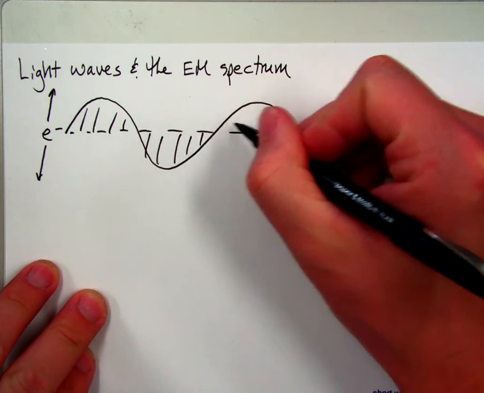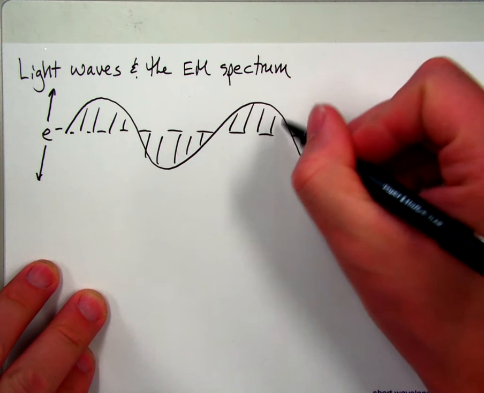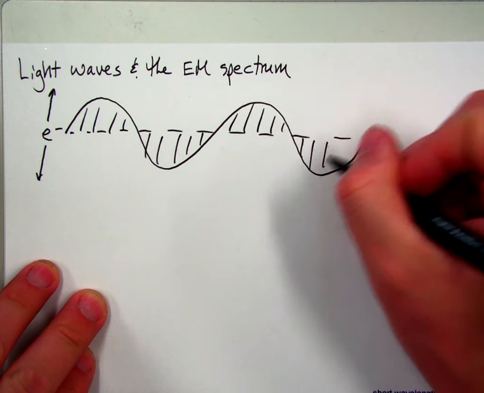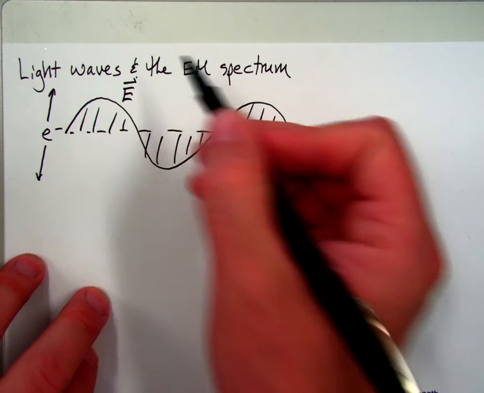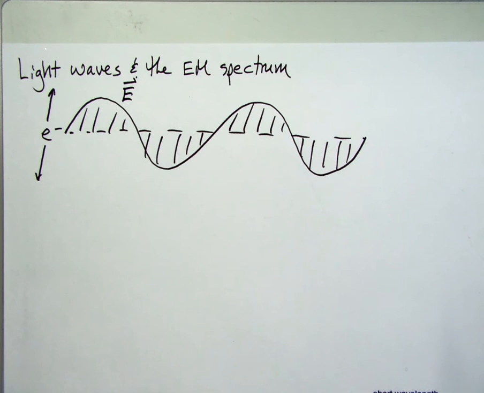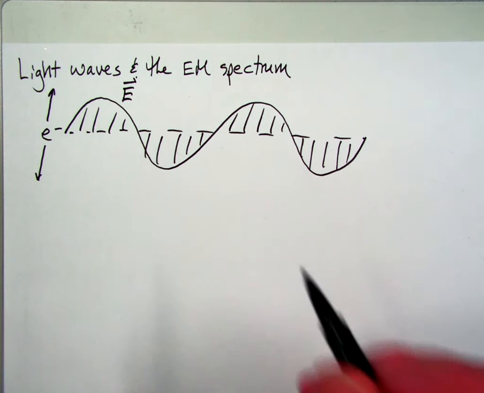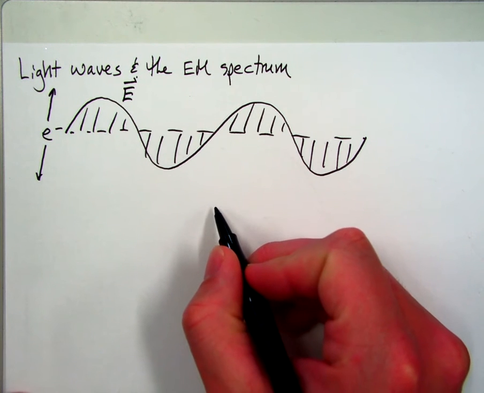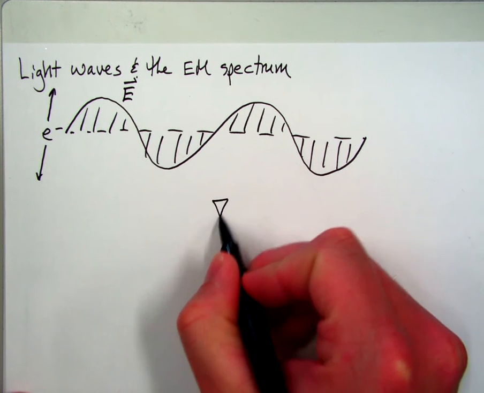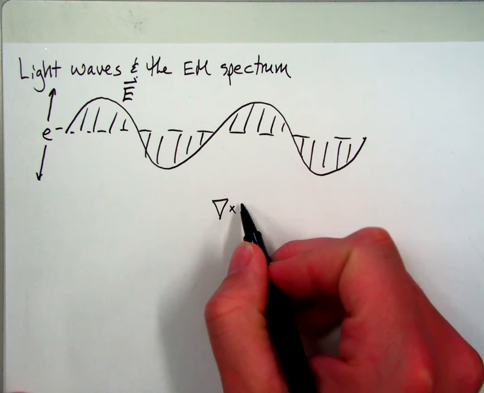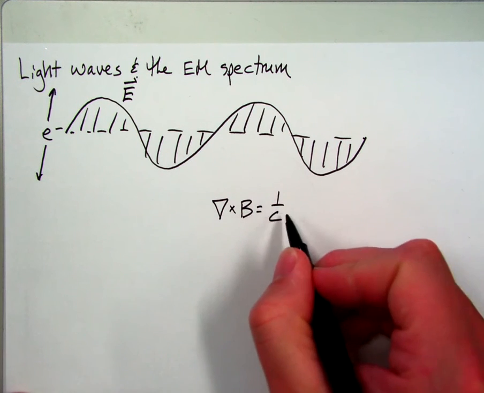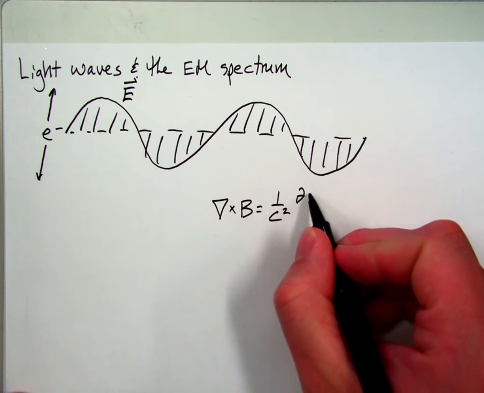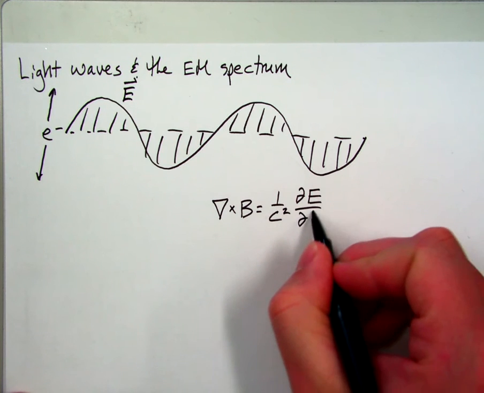These waves would be electric fields. We have an electric charge, so this would make an electric field oscillating up and down. Well, one of the interesting things that James Maxwell came up with and is famously published as Maxwell's equations is that there is a relationship between electricity and magnetism.